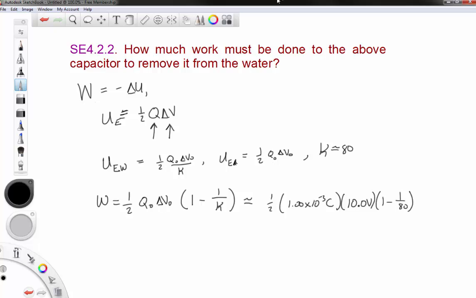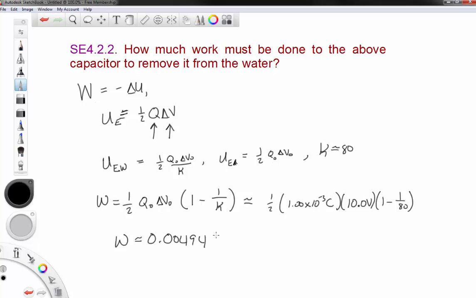So you multiply these things together, and what you end up getting is basically about 0.0049375 joules. So in this case, the work done is not terribly much work.